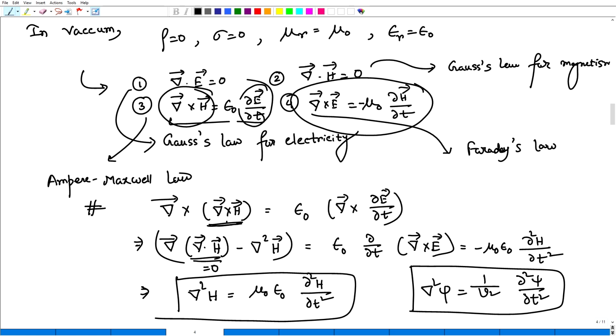Then we can relate the two equations and see that v should be 1 over the square root of mu naught epsilon naught in vacuum. So, we are considering this as electromagnetic radiation, and light is also electromagnetic radiation. So, in general it is written as c instead of v. So, this is the speed of light.